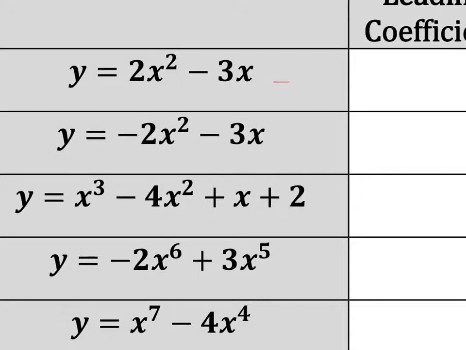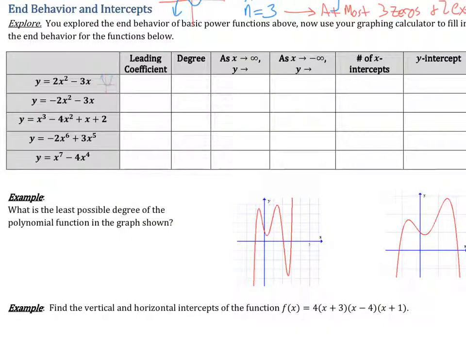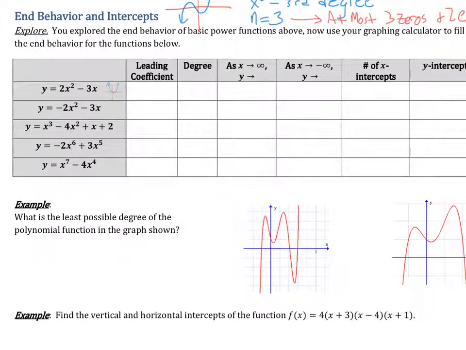When we graph this first function, we get a graph that looks something like this. And we notice that we've got a leading coefficient of 2. We've got a degree of 2. As x goes to infinity, that's as we go off to the right, what happens to y?